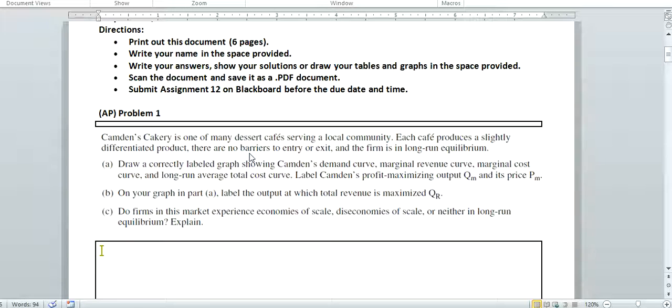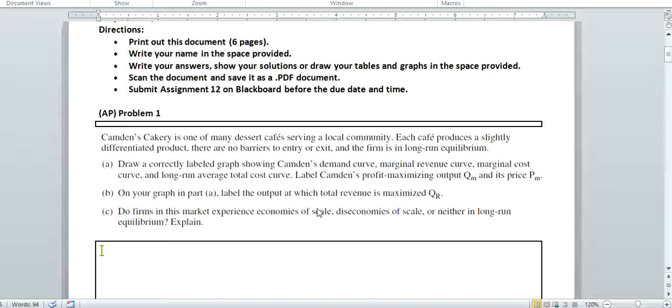And we also know this firm is in long-run equilibrium, which means they are earning zero economic profit. So we need to draw a graph that correctly labels your demand curve, your marginal revenue curve, marginal cost curve, long run average total cost curve, and also show the profit maximizing output and the price.